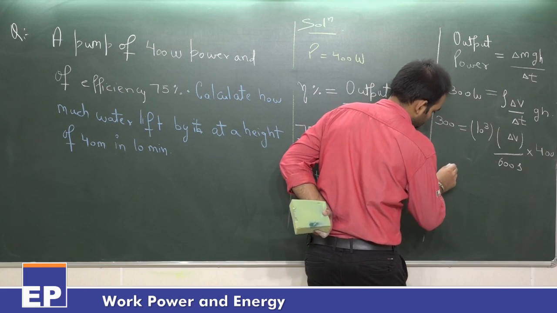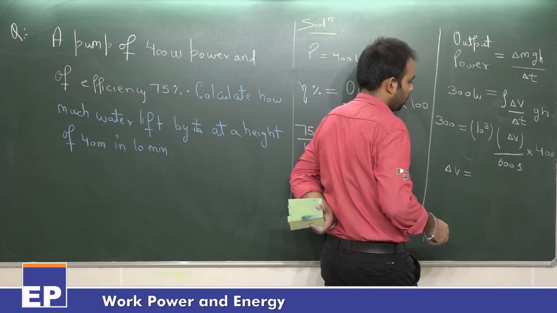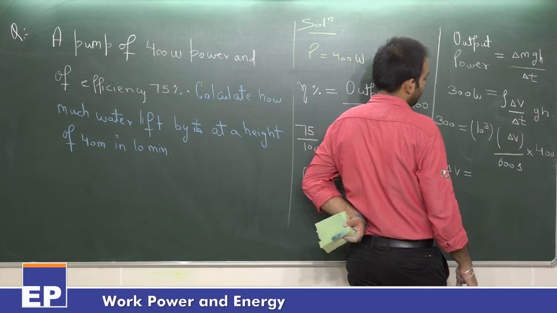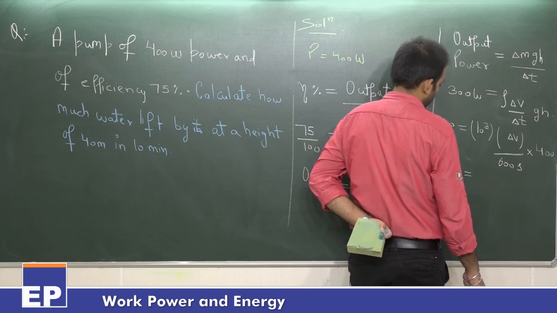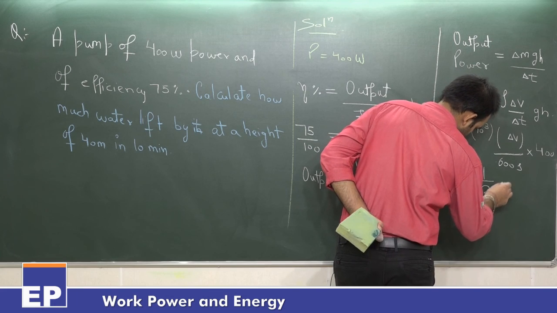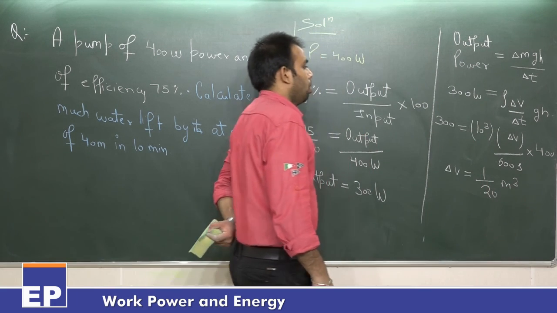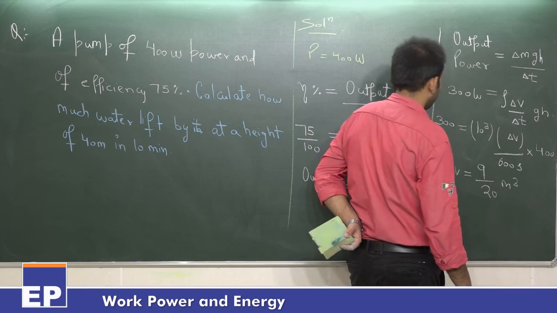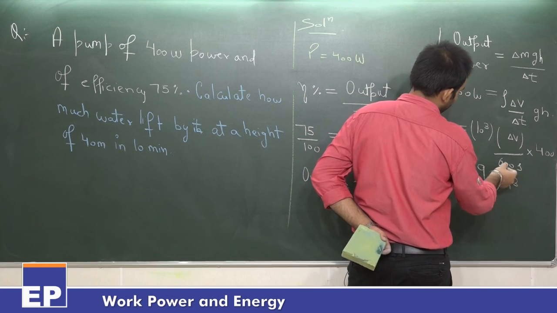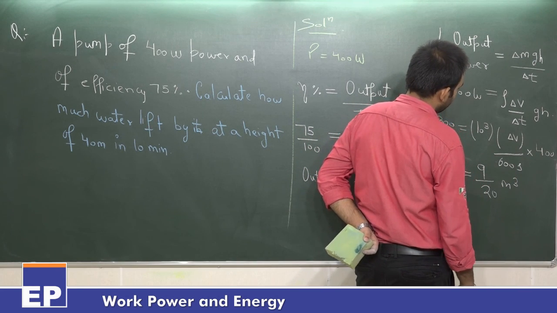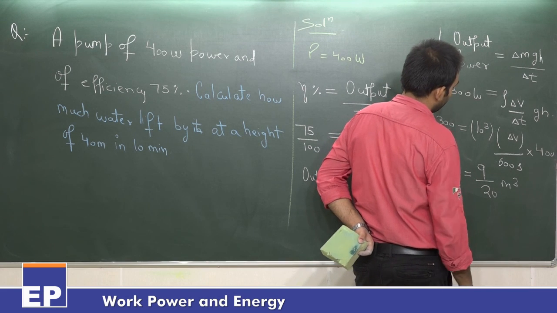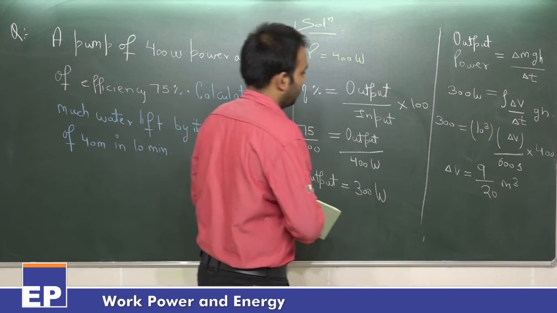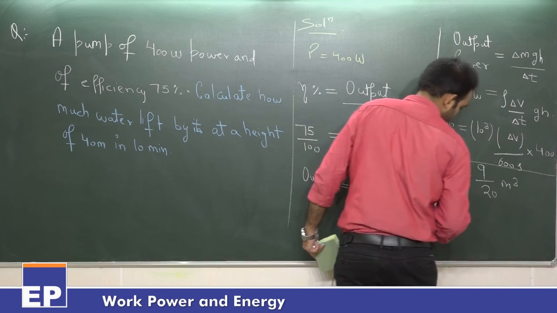So what is the change in volume? 300 into 600 divided by 1000 times 400, which comes to 9 by 20 meter cube. The change in volume is 9 by 20. The amount of water lifted is 9 by 20 meter cube.